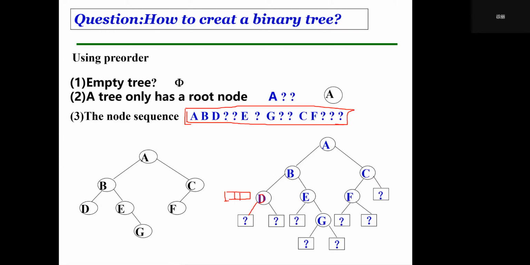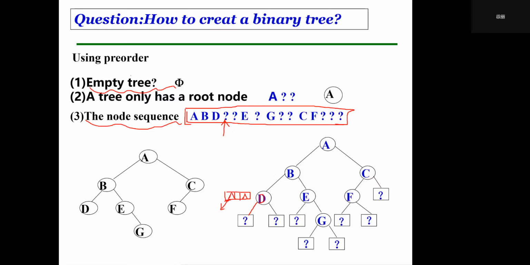So you will read the next char, which is a question mark. That means it's an empty tree. So the left subtree will be none. The right subtree will be none. So that's the difference between the pre-order sequence and this node sequence.